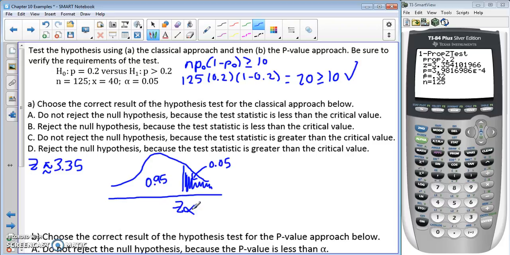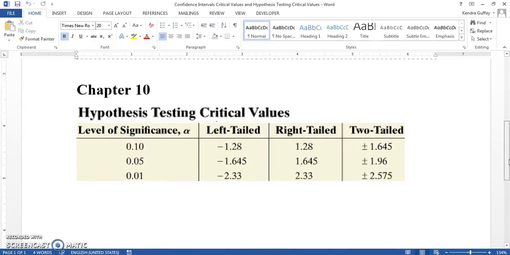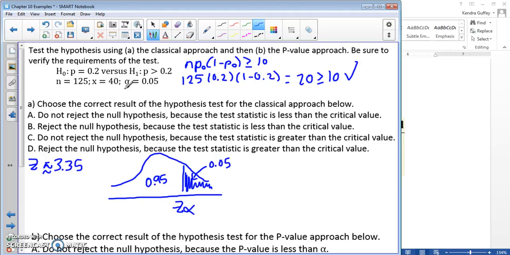Just to show you, there's a little table with some of the predetermined critical values already on there. Let me pull that up and see if that one's on there. You'll see our level of significance, and then left-tailed, right-tailed, two-tailed. If we go back to our example, our level of significance is 0.05, and we're dealing with a right-tailed test.